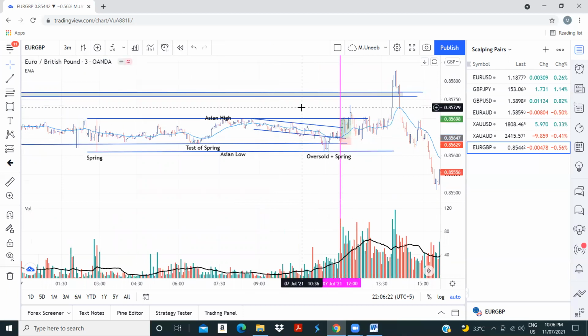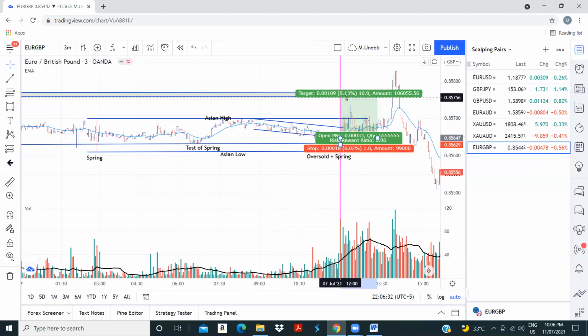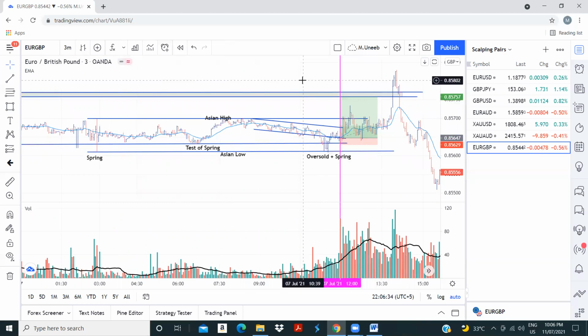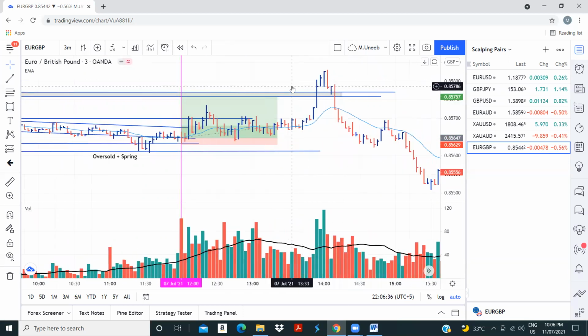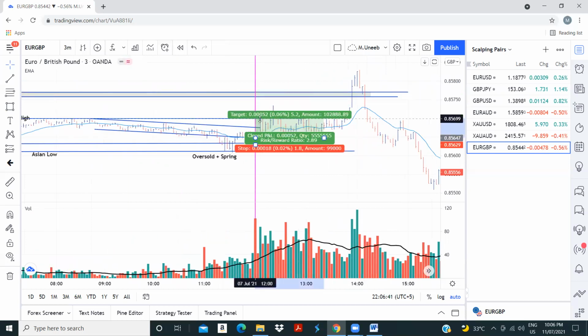It will be achieved very soon. It's more than enough for you. Or we can even book the partial profits at Asian high and let it run for the selling zone. So you can close 50% over here, and then let the rest 50% run to this level.